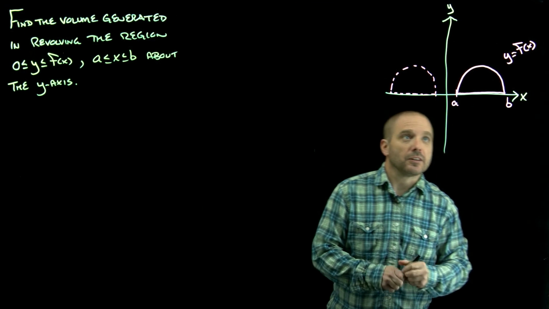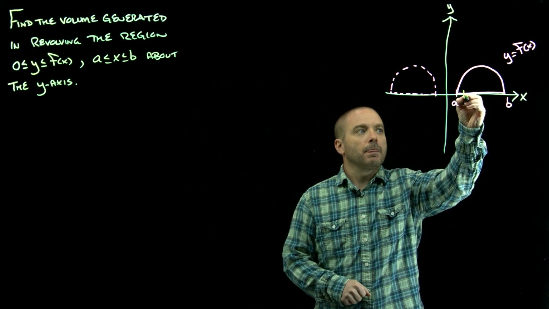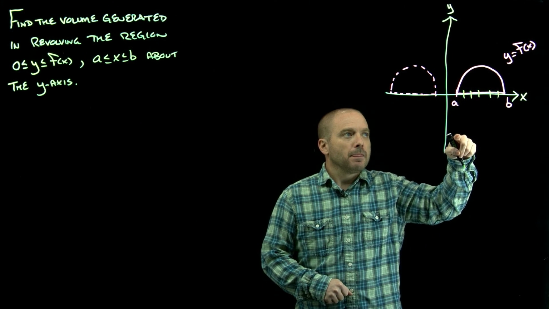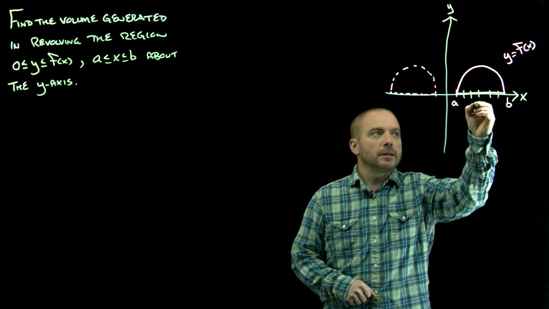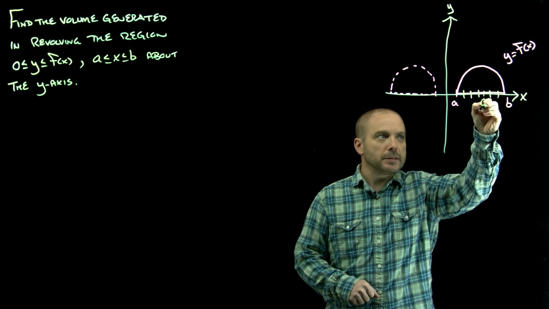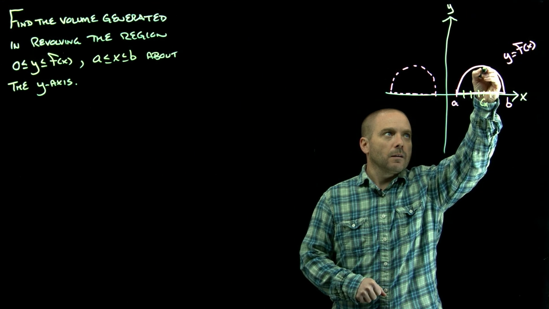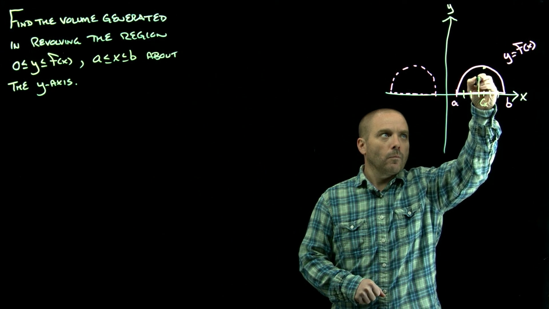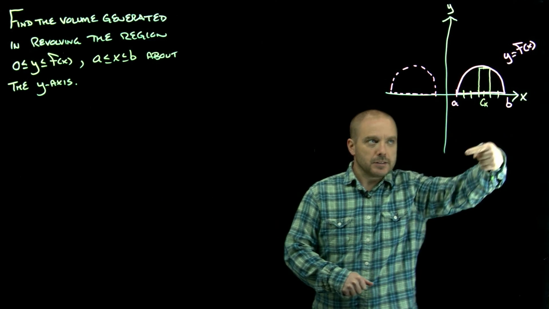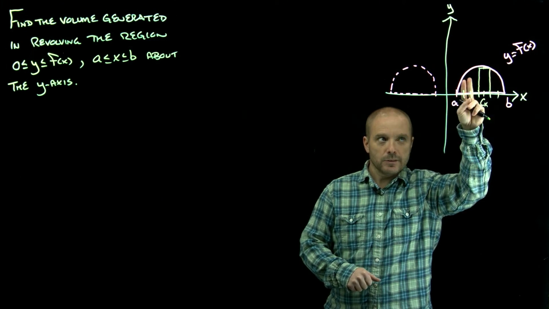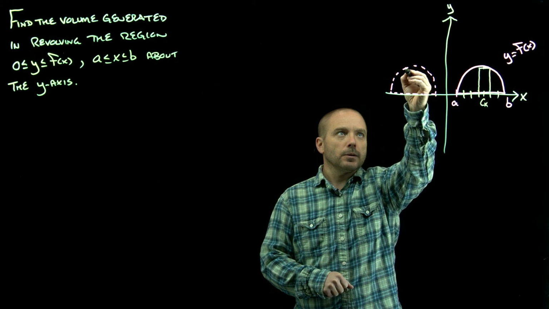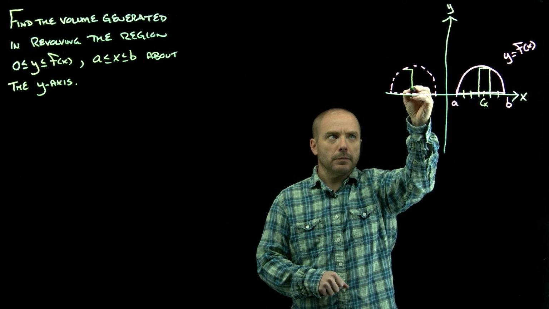We partition, as always, and think of our little rectangular area being created at some c sub k. But now, instead of that rectangle swinging around this way, it's going to sweep out around. So I'll try and draw the mirror image over here.